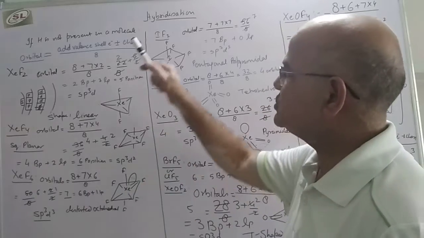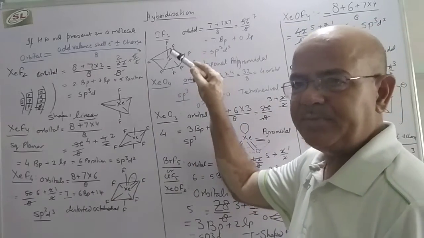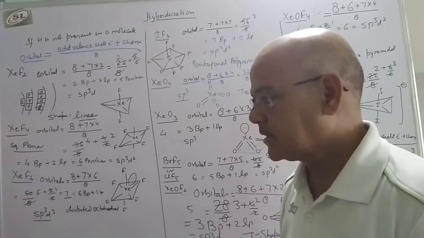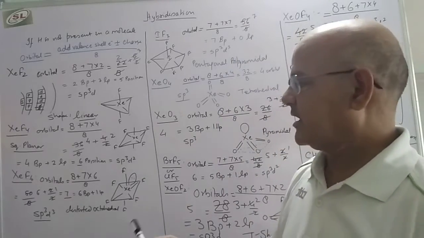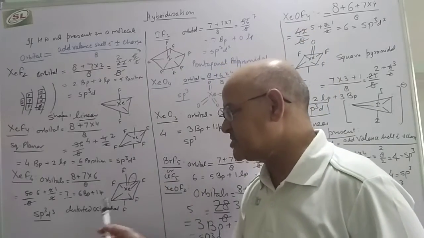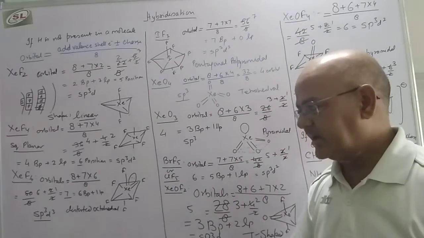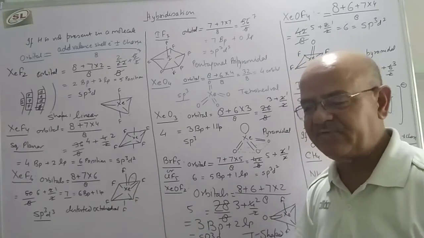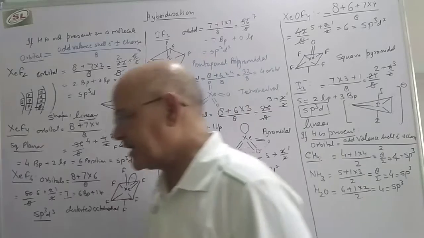As per the 7 positions, the geometry should be pentagonal bipyramidal, but according to X-ray, it is suggested that it is not pentagonal bipyramidal, it is distorted octahedral. In distorted octahedral, we will plot the octahedral geometry first, and we will put the lone pair anywhere.